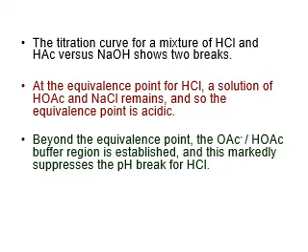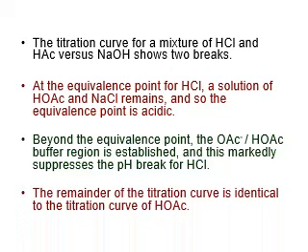So the first equivalence point in this mixture has an acidic pH due to the presence of acetic acid in the solution, and also due to the formation of the acetate buffer region, which will markedly suppress the pH break for HCl, because it will resist the change in pH. It will resist the increase in pH.